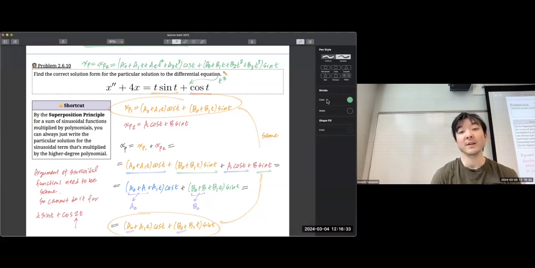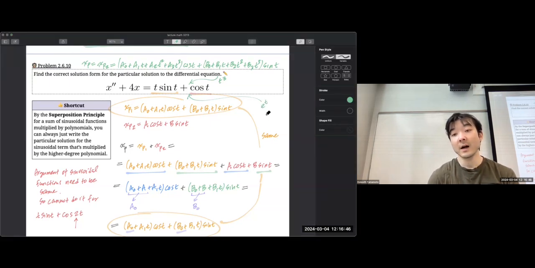And of course, if this cosine term, for instance, had, instead of t cubed, or maybe in addition to t cubed, an e to the t here, then you cannot do the shortcut. You'll have to build that separately.